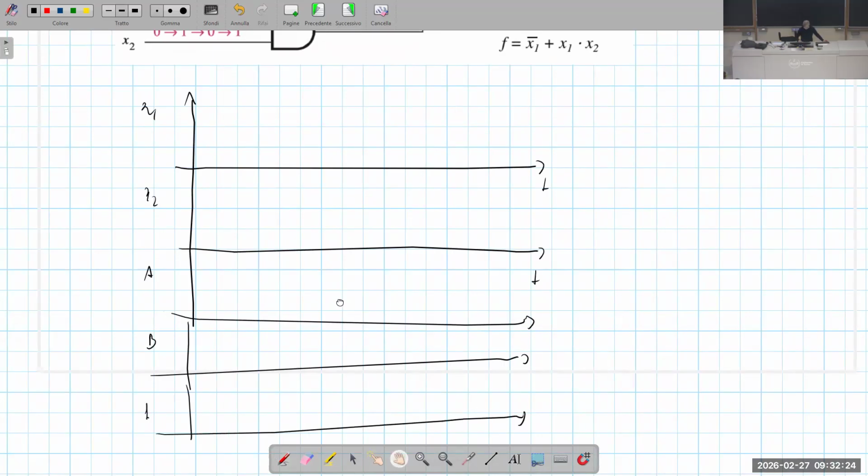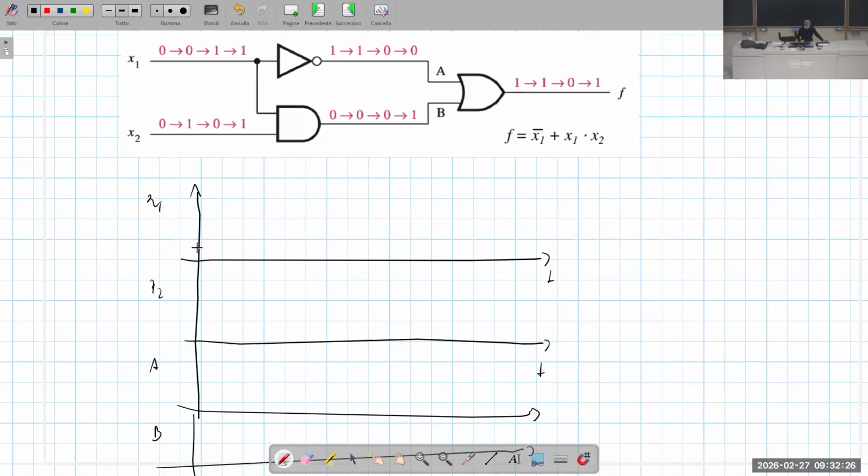Now, suppose that the external inputs vary according to a certain waveform. So let's start with 0, 0, then x1 goes to 1, x2 starts from 0, goes to 1, then goes to 0 again, and then goes to 1.